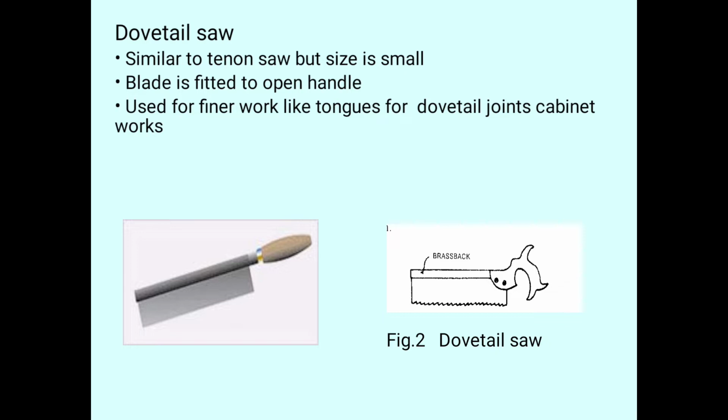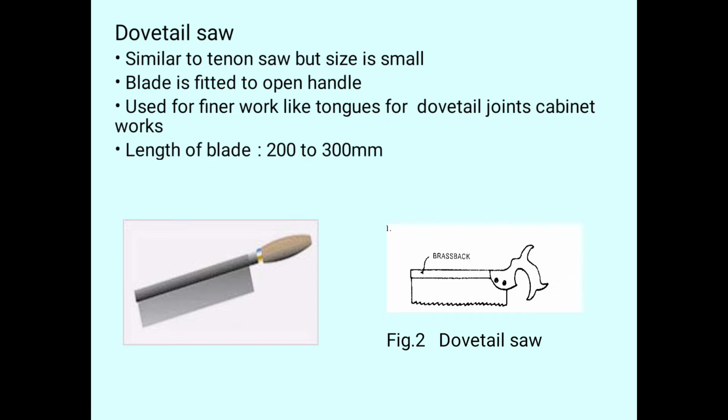We have different types of carpentry joints, and the dovetail joint is one of them. So this dovetail saw is used for finer works like tongues for dovetail joints, cabinet works.